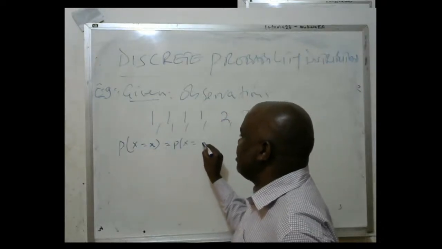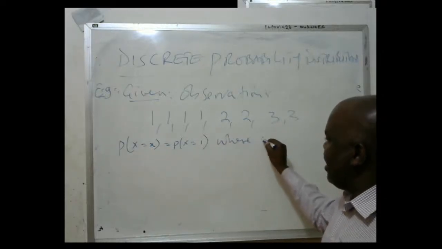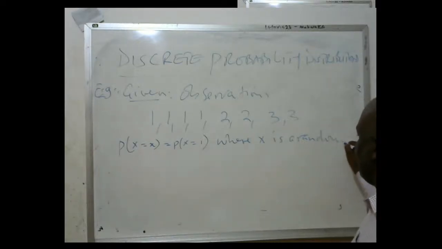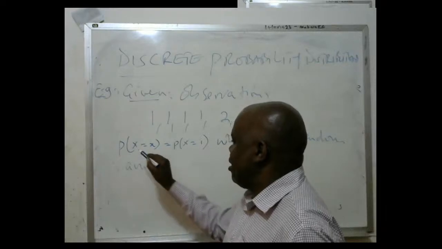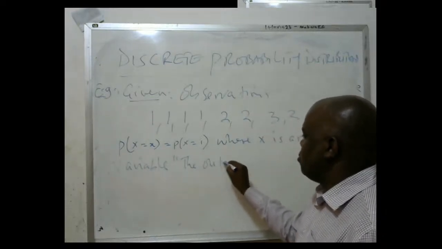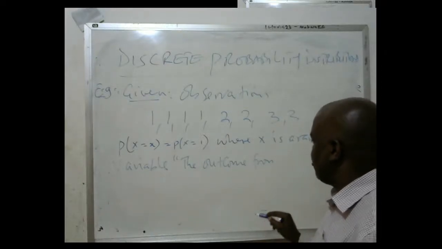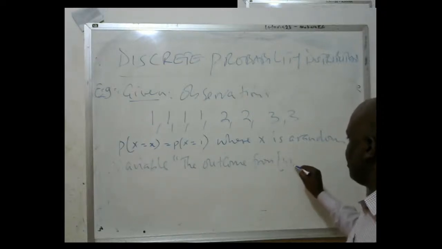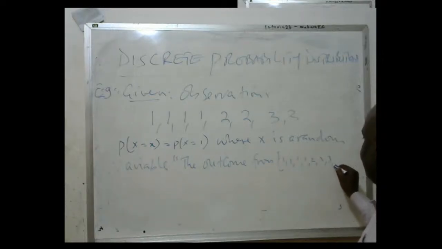I would write it like this, where my X is a random variable, the outcome from observations 1, 1, 1, 2, 2, 3, 3.